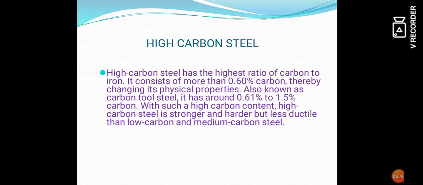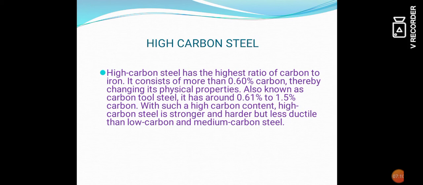Now let us see the third category, high carbon steel. High carbon steel has the highest ratio of carbon to iron. It consists of more than 0.6% carbon, thereby changing its physical properties. Also known as carbon tool steel, it has around 0.61% to 1.5% carbon.